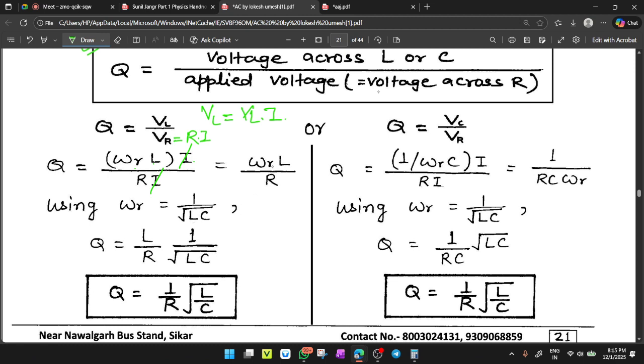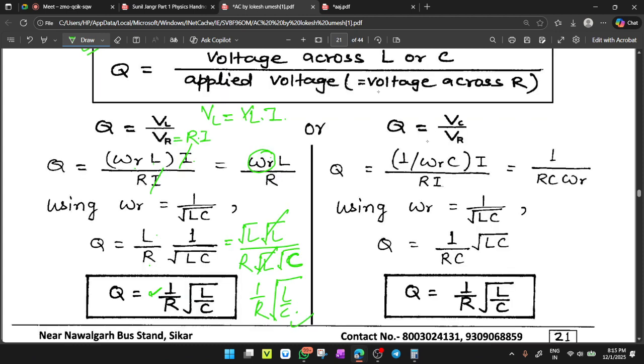So if you place 1 upon under root LC in the place of omega R, we get L upon R into 1 upon under root LC. The root L with L will cancel and will give you 1 upon R under root L by C.